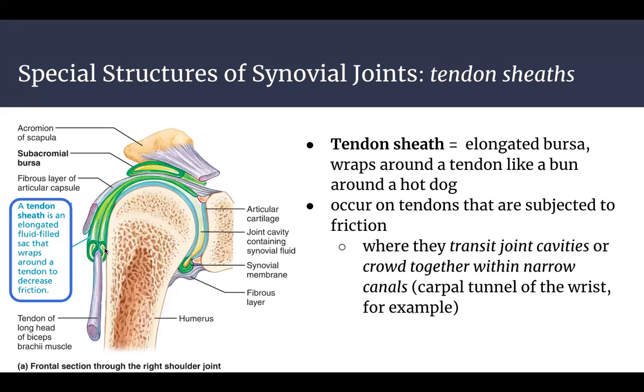This helps decrease the friction caused by that bone moving in the shoulder socket. These tendon sheaths occur on tendons that are subjected to friction. Not all tendons need these, but they're really important when a tendon is transiting a joint cavity or crowded together within narrow canals. An example would be the carpal tunnel of the wrist.